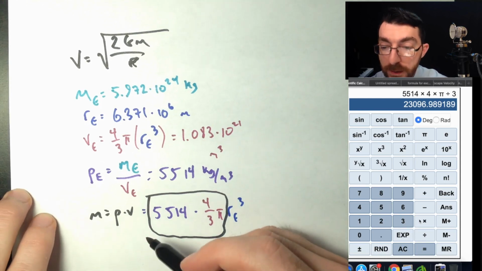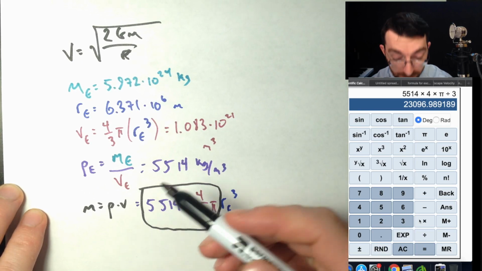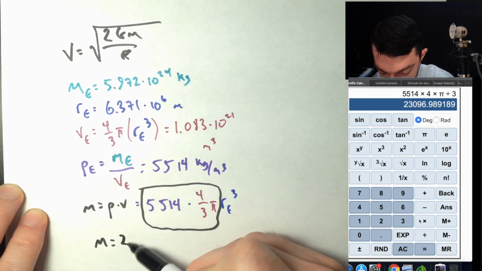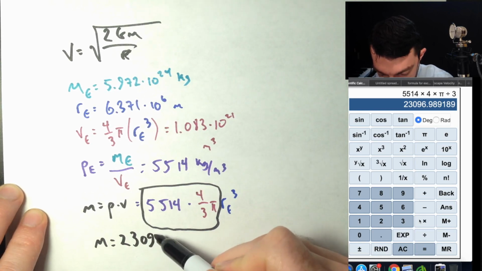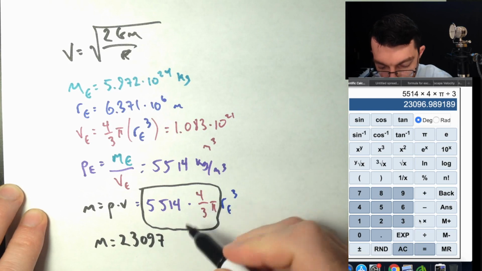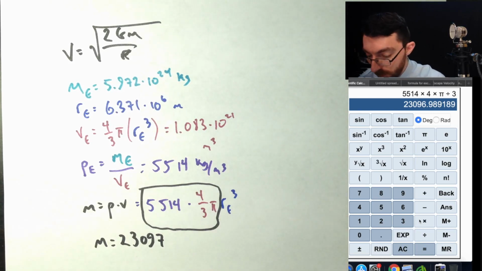So I've got here that the mass of an Earth density body is equal to 23,096.9. I'm just going to round that up to 97 times the cube of the radius.